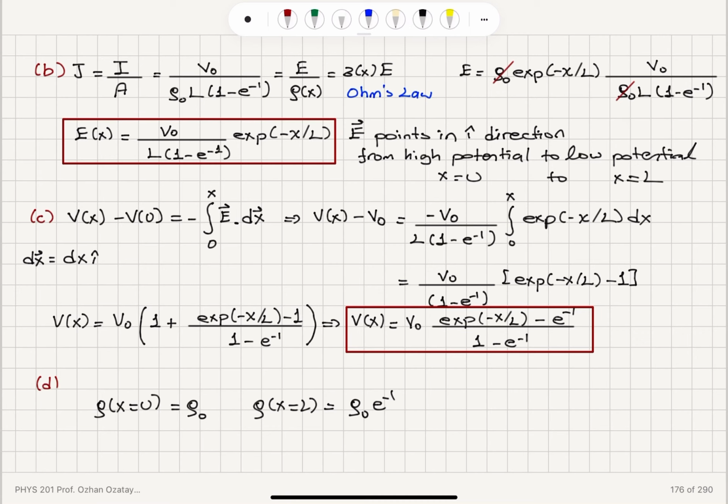Potential at x equals 0 is V0. Potential at x equals L is 0.